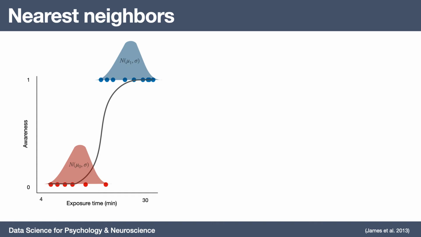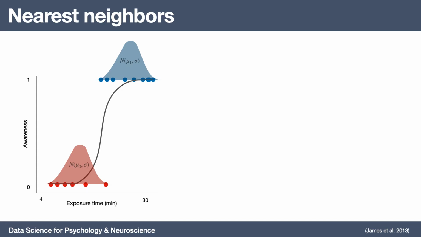Participants either see or are aware of the image or they're not. The way to think about this problem is that you have a distribution of participants based on their exposure time that achieve awareness. That's the blue distribution when awareness is 1. And another distribution of participants who are unaware of the image based on their exposure time.